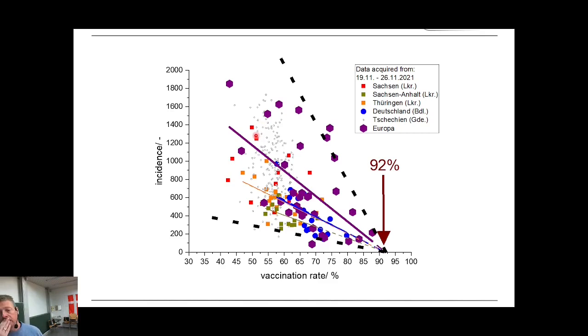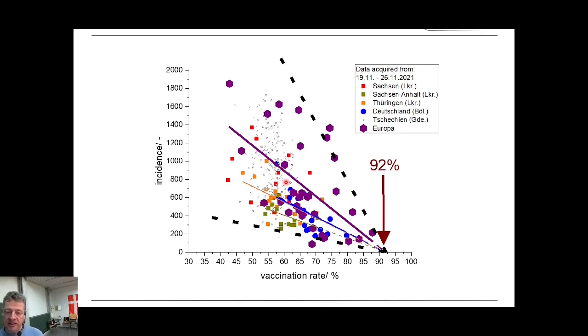And the funny thing is, both lines essentially have a common intersection point with the x-axis, the vaccination rate. Well, you may say there's a huge scatter, this is a bit arbitrary. Well, I explained the scatter. But make the following thought experiment.